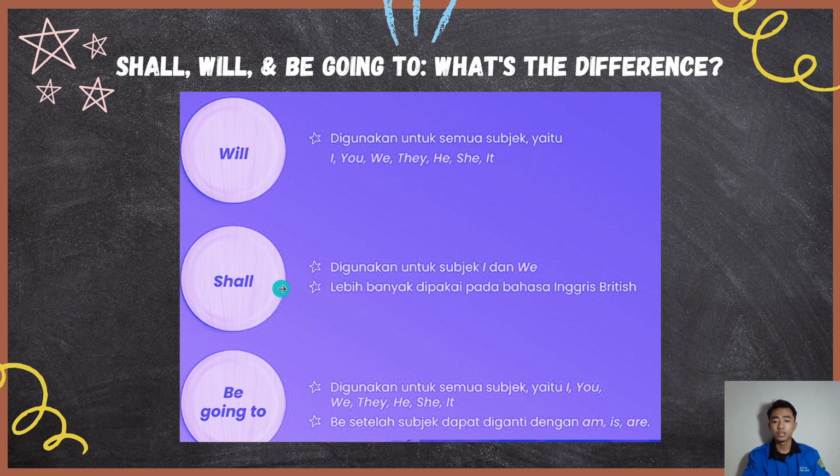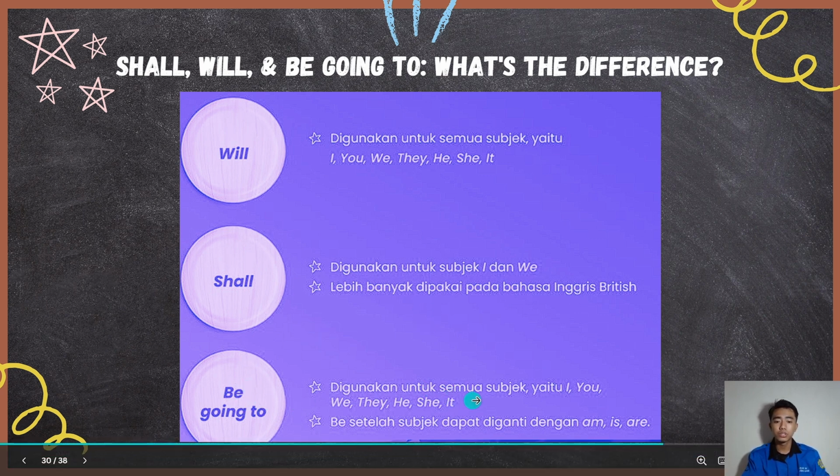And then shall is used for subjects I and we, and many use it in British English. And then be going to is used for all subjects: I, you, we, they, he, she, it. The be can change to am, is, are.